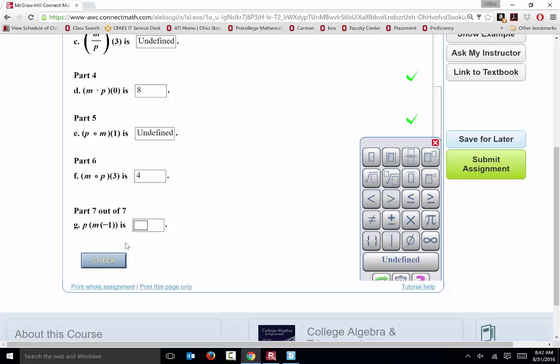Alright, this time we are... Wait a minute, what is this notation? They didn't use the circle notation for composition. They directly used the nested one I make all the time, right? So this is P circle M of minus 1, just like part E. But we have minus 1.